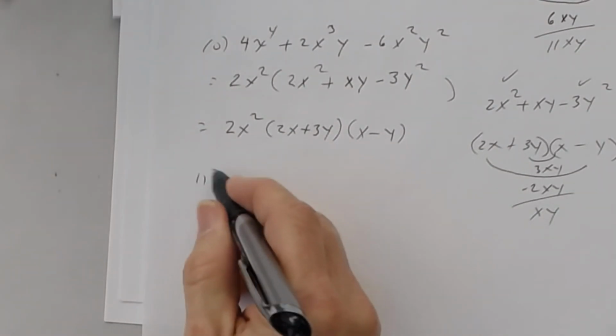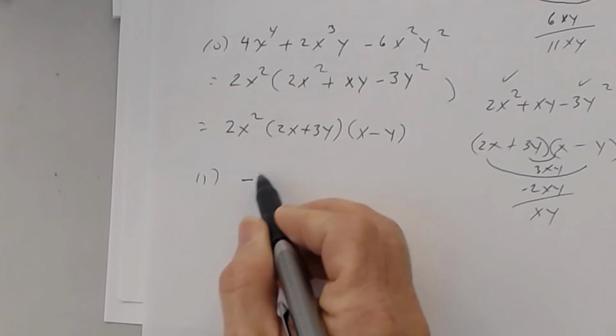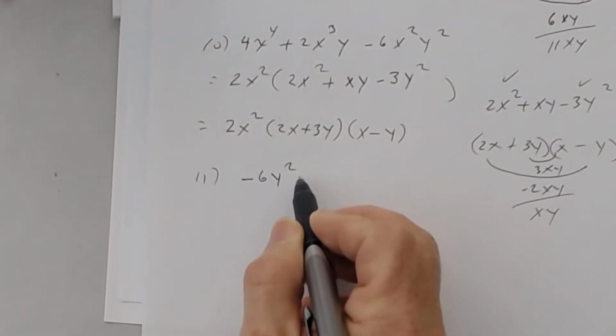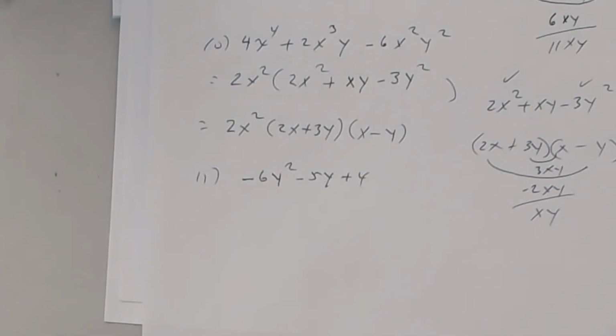And then finally 11. All right, in 11 you have negative 6y squared minus 5y plus 4. Now we did one like this in a previous class. So remember, every problem we did, the first term, the coefficient was positive or negative?